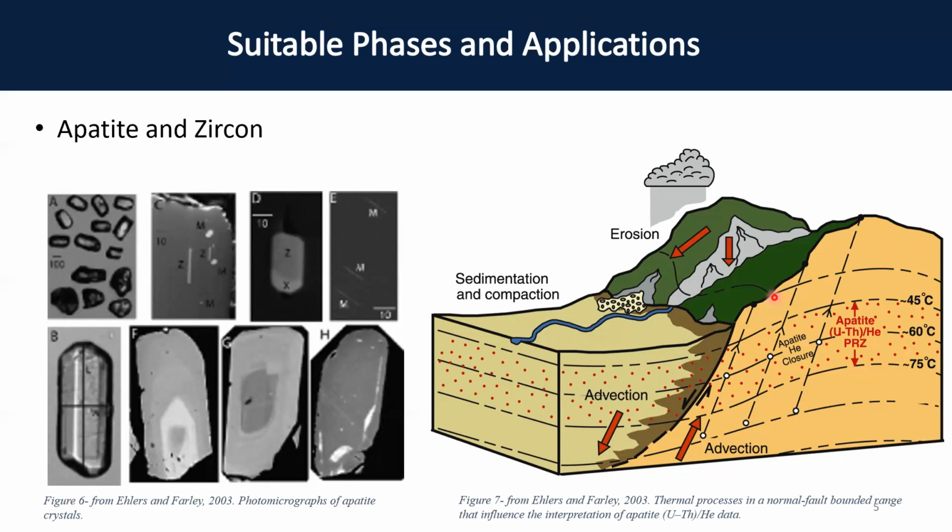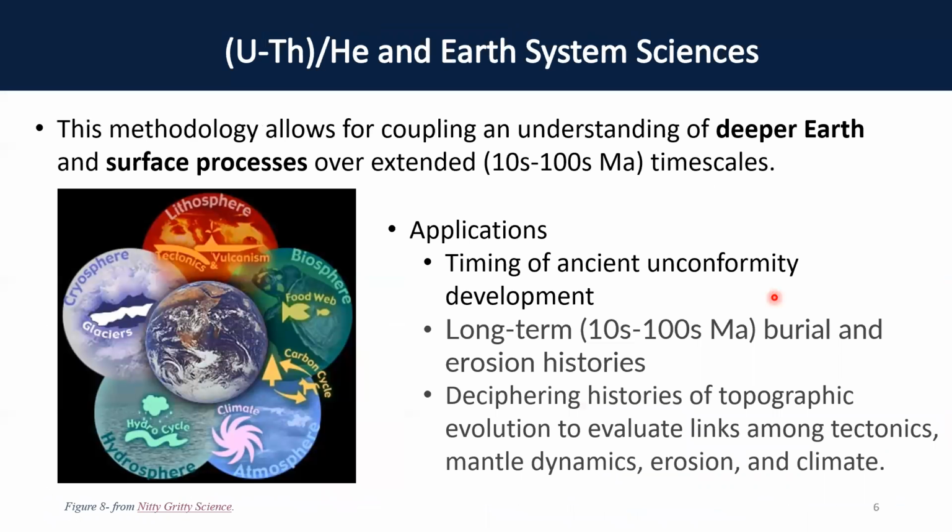And what we can think about, and how we bridge this methodology with Earth system science, is that it allows us to couple an understanding of both deep Earth processes and surface processes over extended timescales.